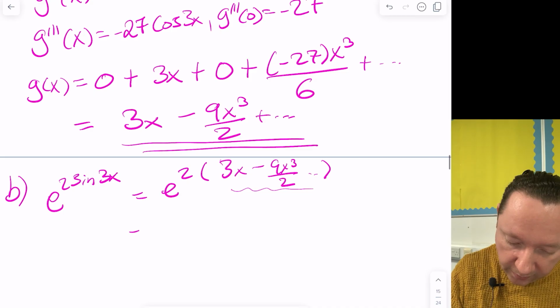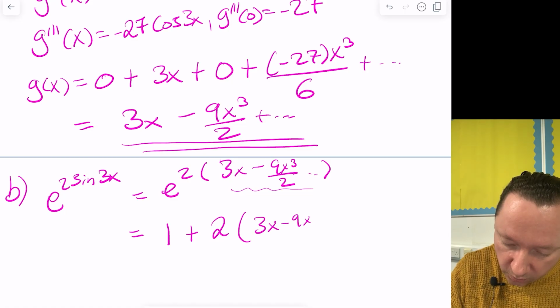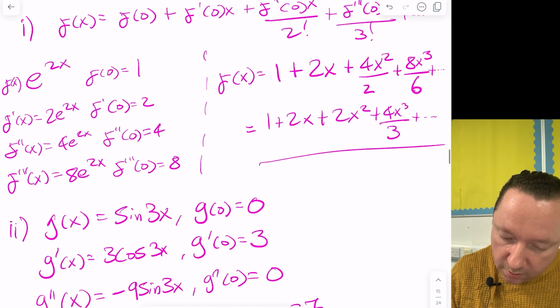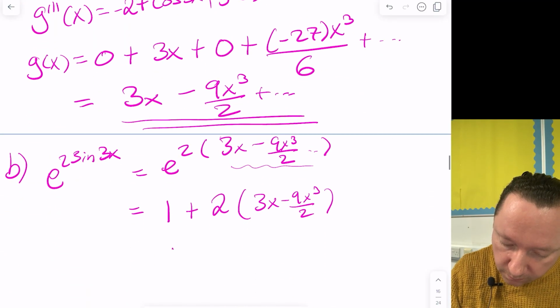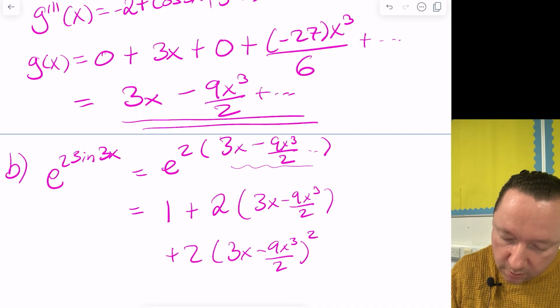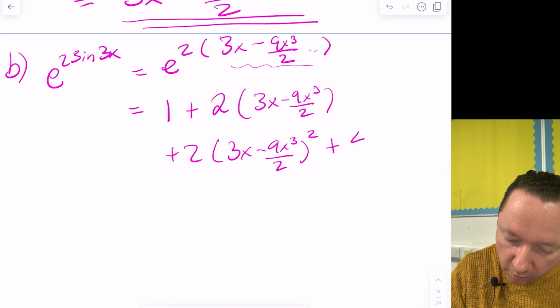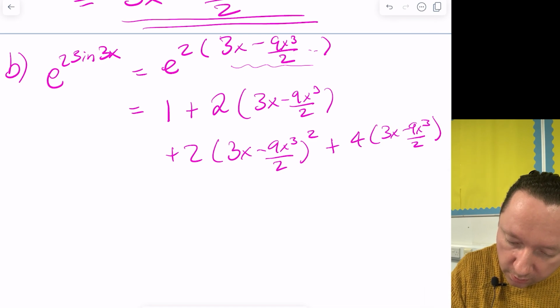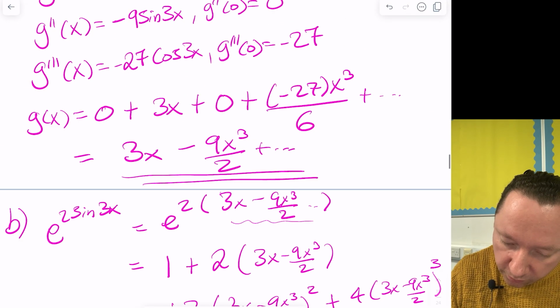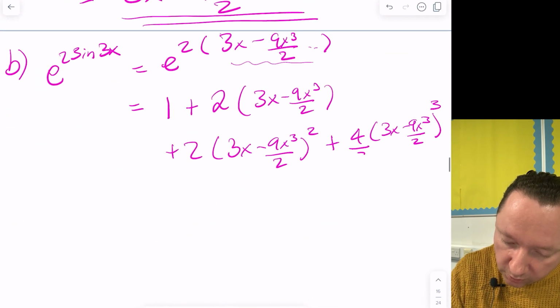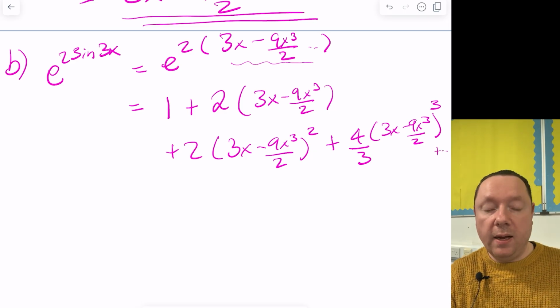So that gives me 1 plus 2x, but this is now my x, so 3x minus 9x cubed over 2, plus 2 times 3x minus 9x cubed over 2 squared, and 4 over 3 times 3x minus 9x cubed over 2 to the 3. So then we'll just try and expand and simplify that.